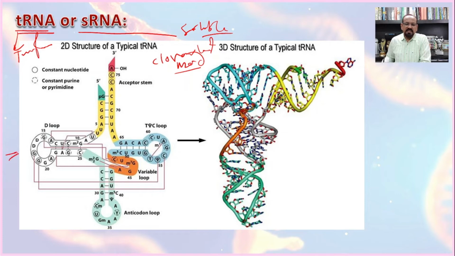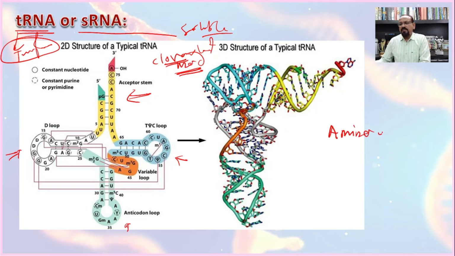So this indicates 3 leaves, and this is the stalk or the petiole. In this way it shows a structure similar to that of a clover leaf, and hence it is known as the clover leaf model.